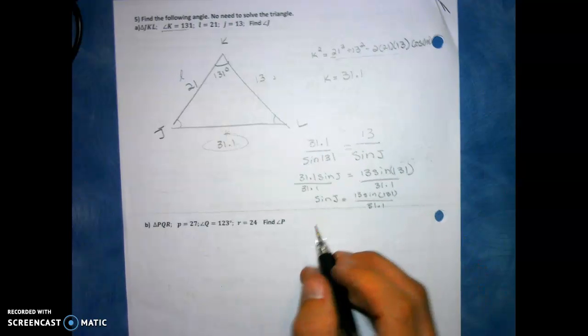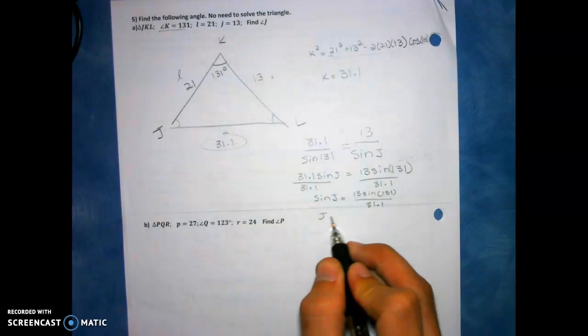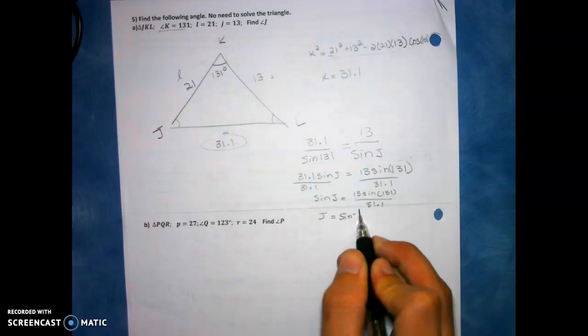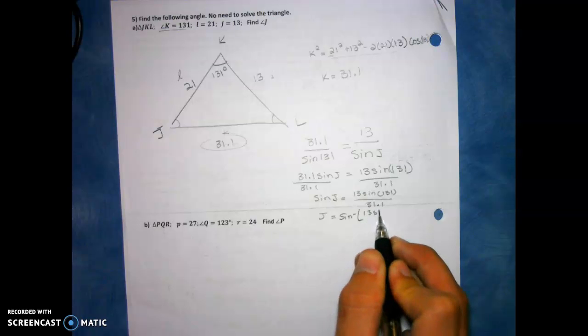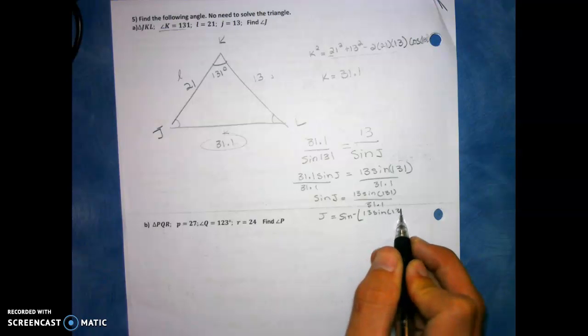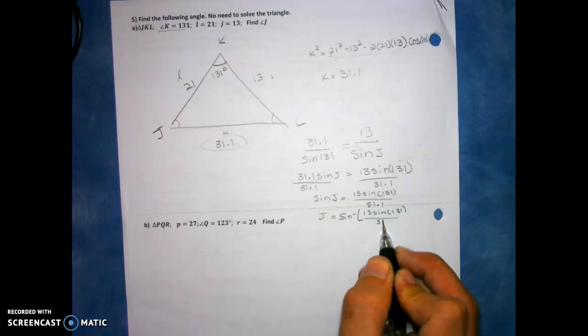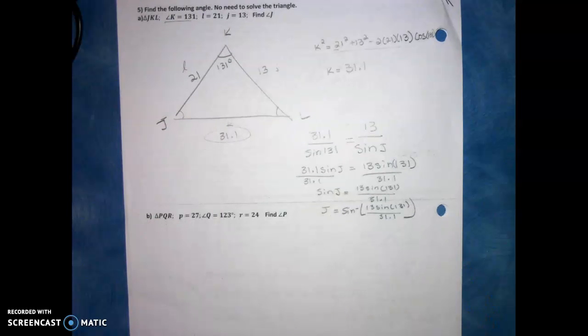Now I want to get J by itself, so I'm going to take the inverse of this whole thing here. Awesome, now I can plug this into my calculator. So I have the inverse sine of 13 times the sine of 131 divided by 31.1.